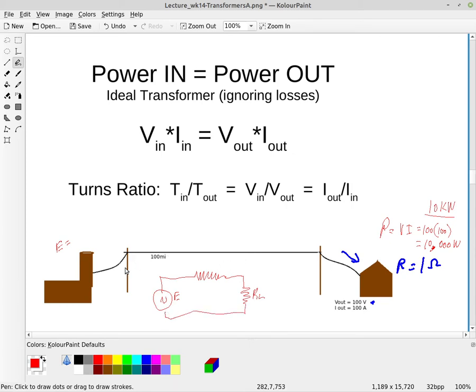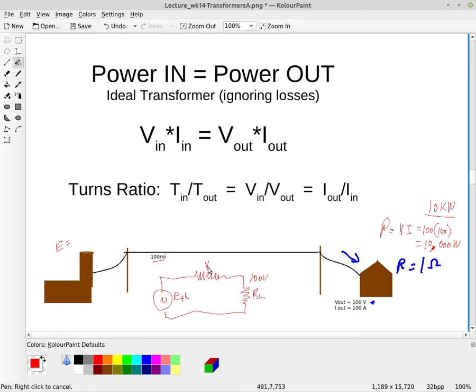But think about this: if the energy is being generated 100 miles from the house, there's resistance all along this wire. If at my house I have 100 volts, the question is, what is the voltage that must be supplied? Some of that voltage is going to be dropped in the line.